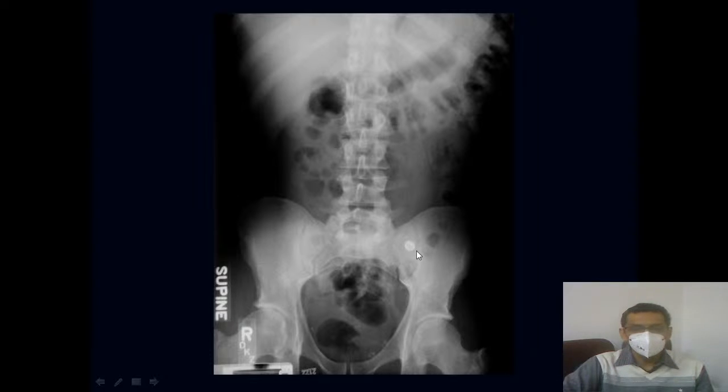This is actually a button on the clothing of the patient which has not been removed. This comes with experience. By shape we know that this must be obviously outside the abdomen if the clothing has not been removed. Theoretically, the patient could have ingested the button and it could be in the small intestine or the large intestine, but most likely it is on the surface of the abdomen and it would be projecting over it like this.